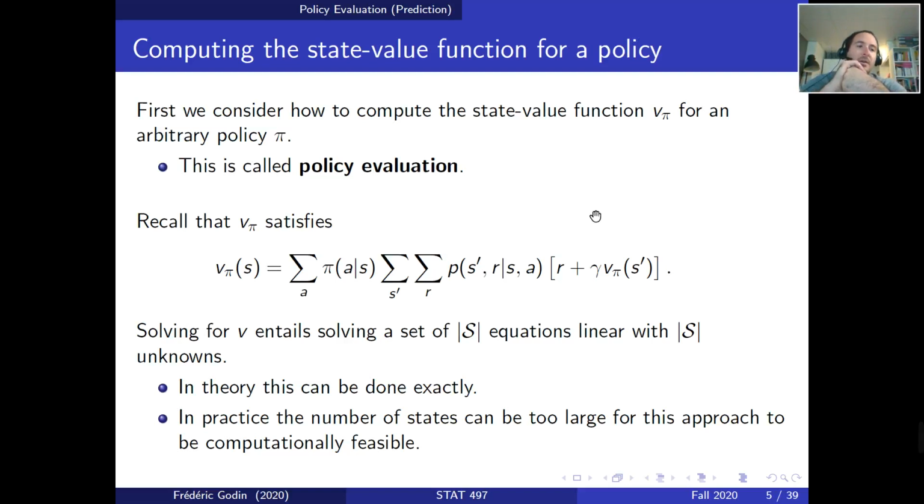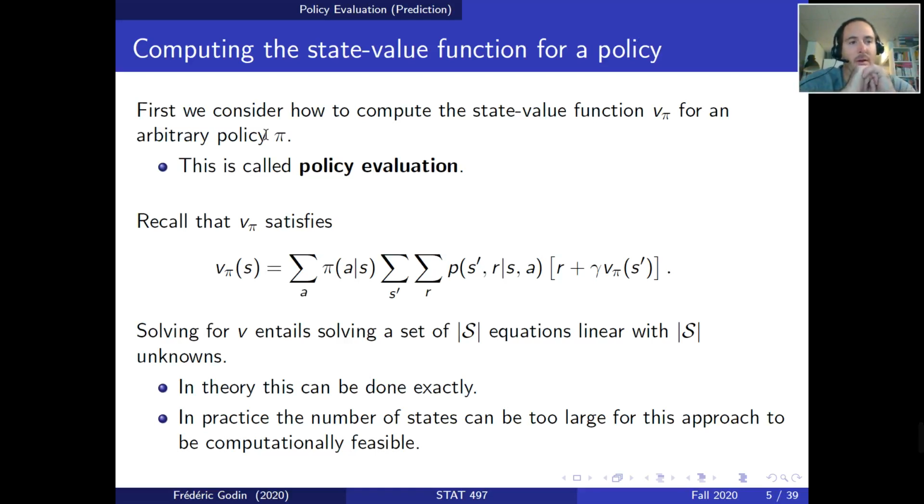Let's say we have some Markov decision problem and we have a fixed policy pi. Recall the policy pi takes as an input a state and an action and returns a number between 0 and 1, which is the probability of taking an action in a given state.